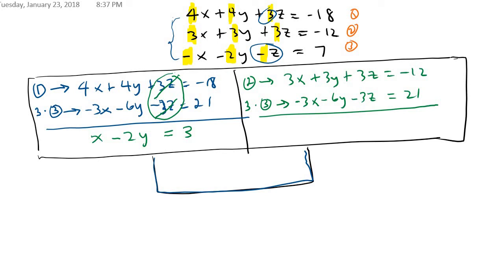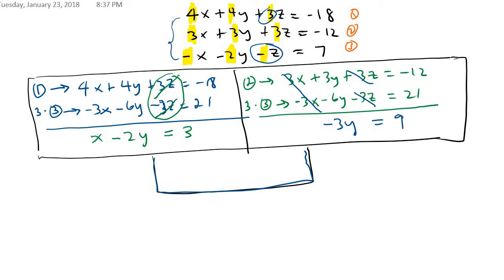Now, if you add them together, 3x is going to cancel negative 3x. And 3y and negative 6y will be negative 3y. And also 3z will cancel negative 3z, which was what we set out to do in the first place. And negative 12 and 21 is just 9.